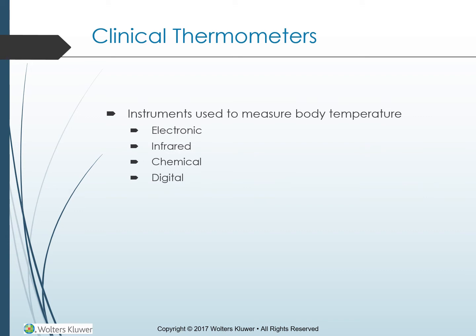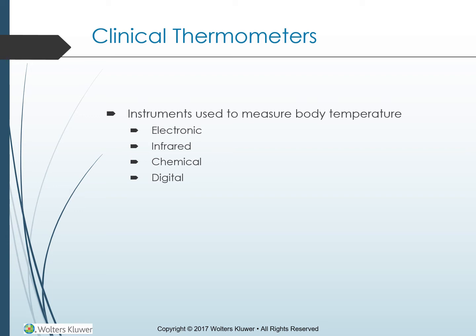Clinical thermometers include electronic with a sheath, usually infrared, which is tympanic and detects warmth radiation from tympanic membranes. Chemical are the dots on the paper strips, and digital, as you know, reads in digital form.